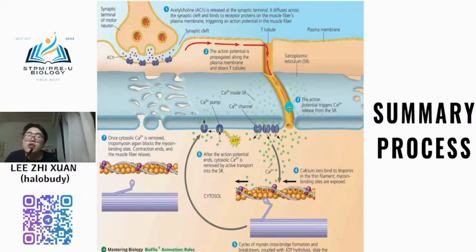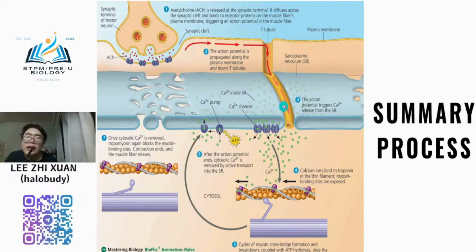Once the nerve impulse has reached the sarcoplasmic reticulum, what is its function? You know that it stores calcium ion, right? You still remember that the sarcoplasmic reticulum contains calcium ion.